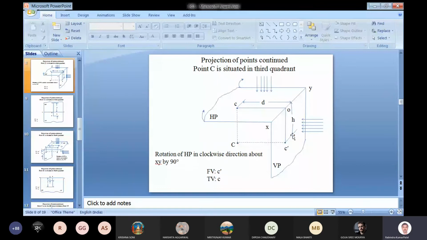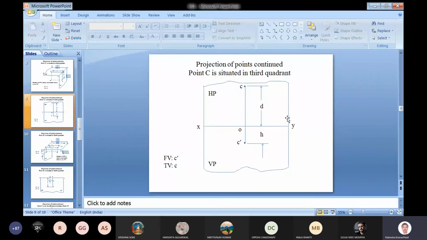So here also we will rotate the horizontal plane only in the clockwise direction, and we can make the projections onto a single 2D plane, like this. Here c is the projection of point capital C onto the horizontal plane, and small c dash is the projection of the same point onto the vertical plane.